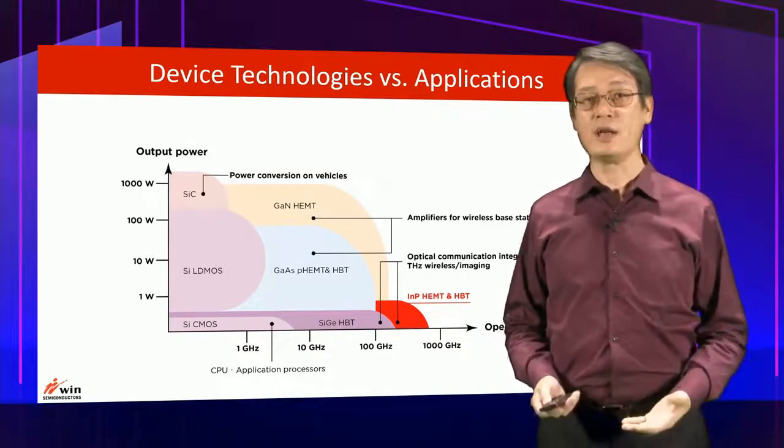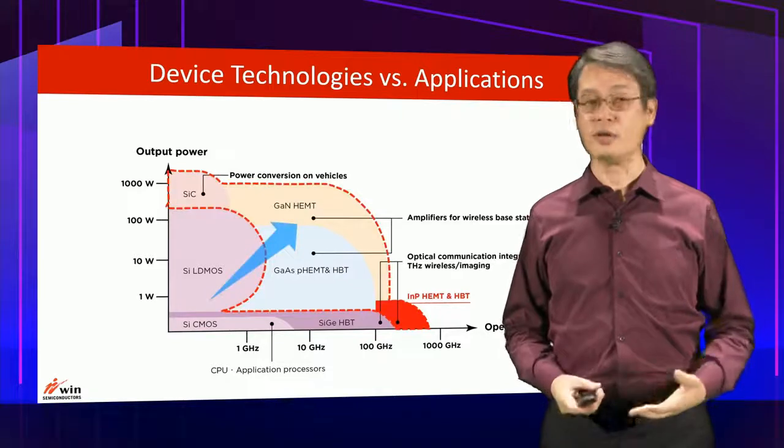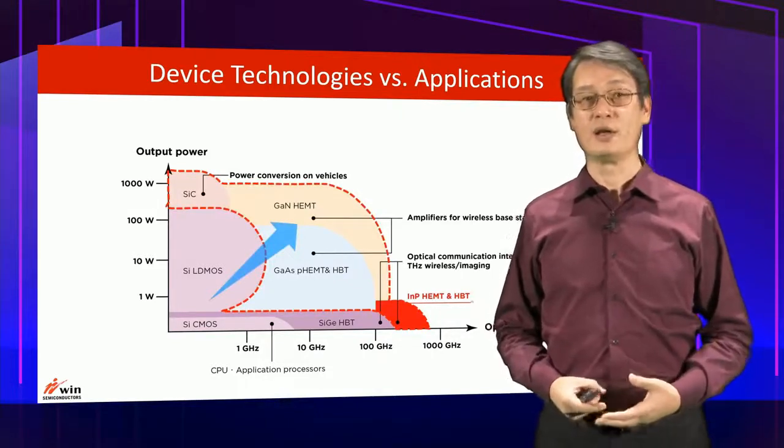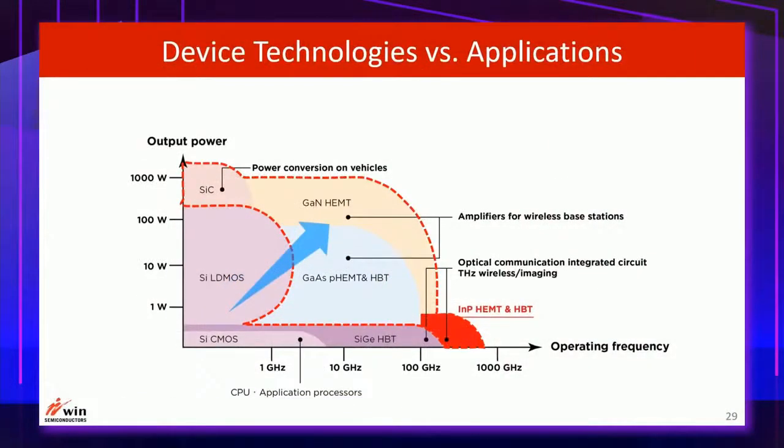High frequency and high power are different challenges. The greatest challenge is for applications toward the upper right corner of the chart. Compound semiconductor device technology is the best solution in this category.